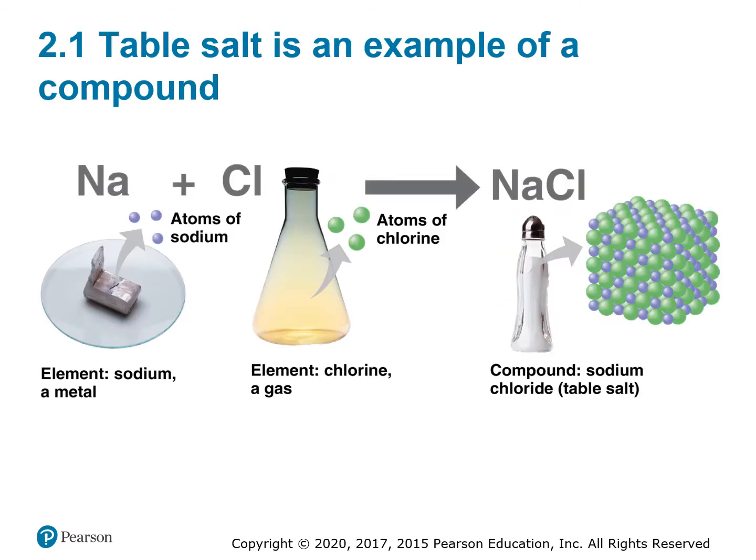Table salt is an example of a compound, which is also a molecule. So it's two atoms coming together, and it's a compound because it has two different types of atoms. So salt is NaCl, which is one atom of sodium and one atom of chlorine.